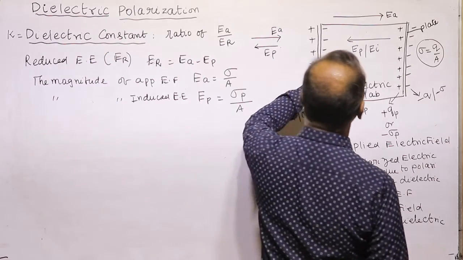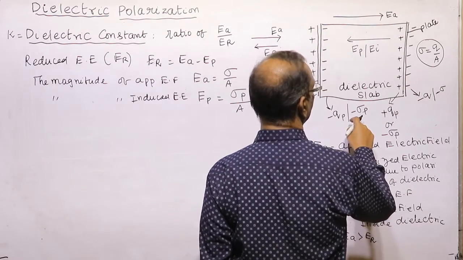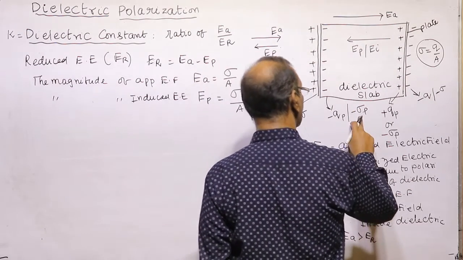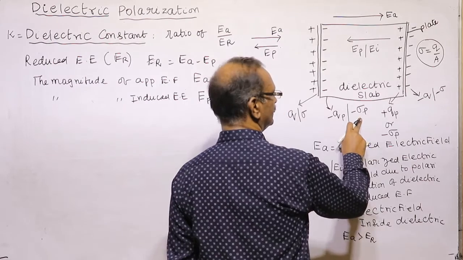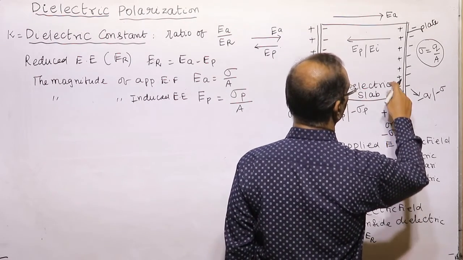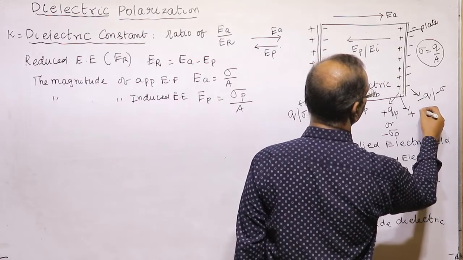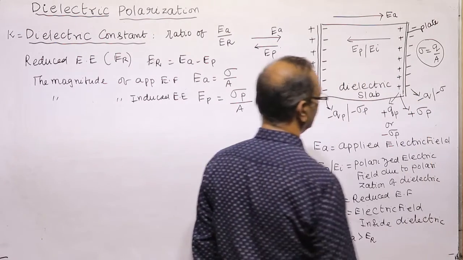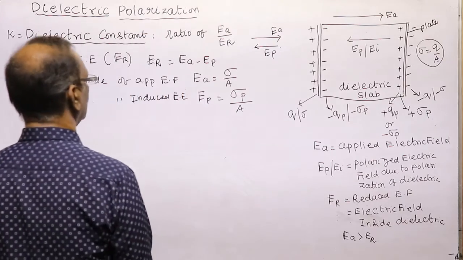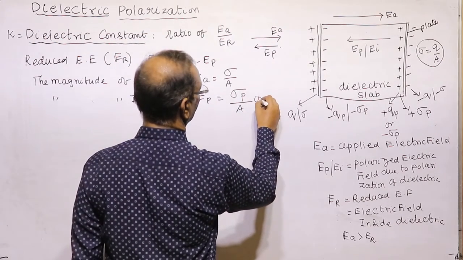This is the induced negative surface charge density, polarized charge density, and this is the induced positive charge, or positive polarized charge density. So E P and E induced are the same as E polarized.